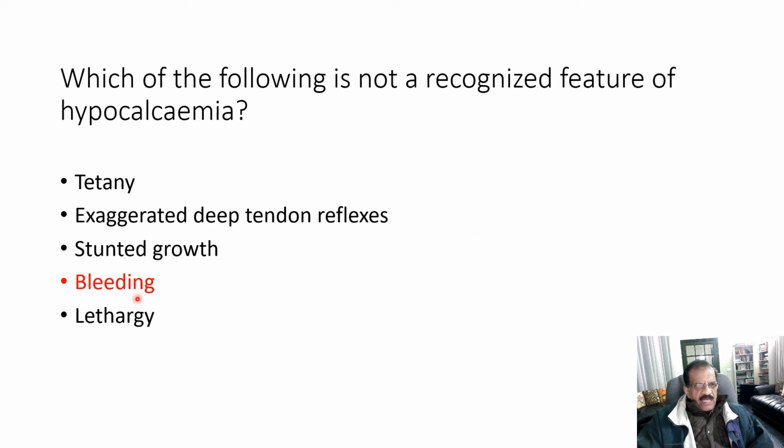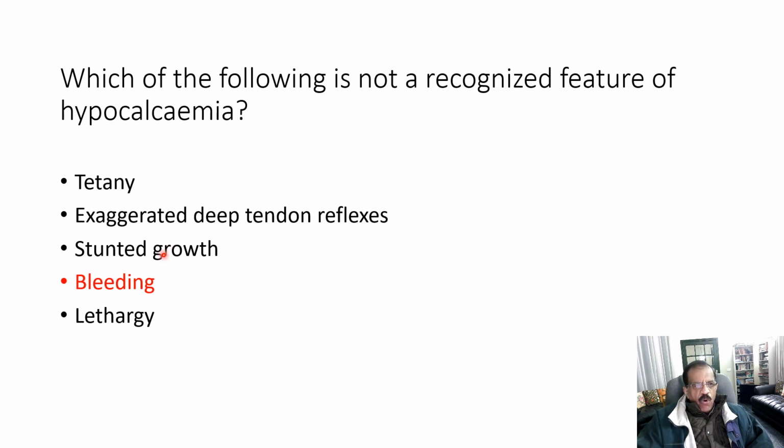I think my answer would be bleeding, because although it's an absolute fact that many clotting factors need calcium to show their action, so theoretically deficiency of calcium can cause bleeding disorder because clotting factors will not work properly, actually they need an extremely low amount of calcium.